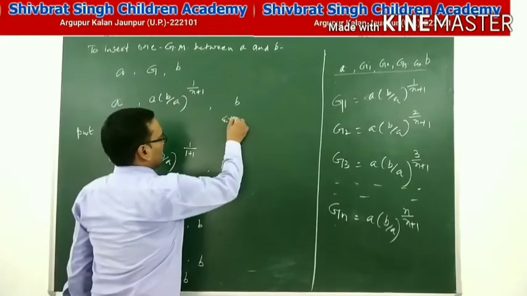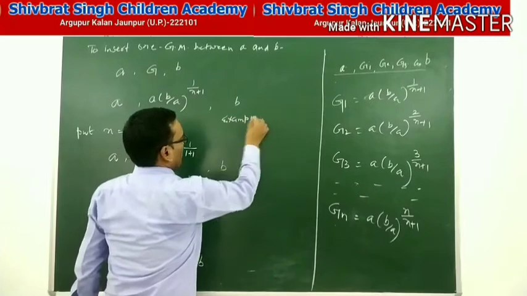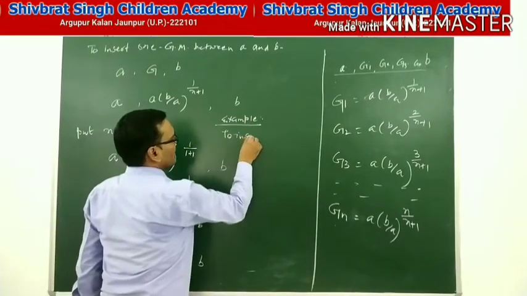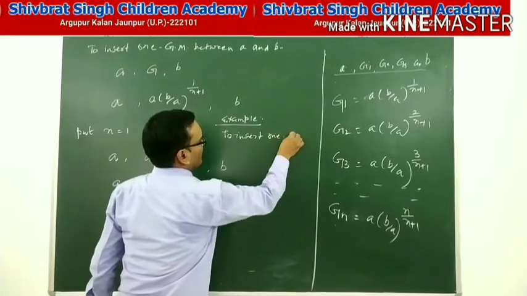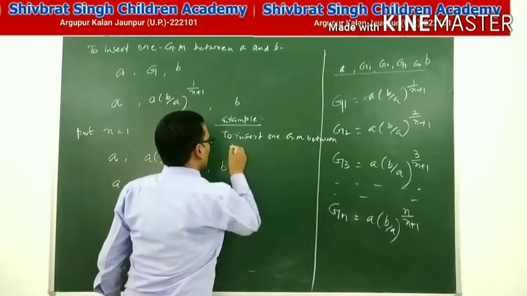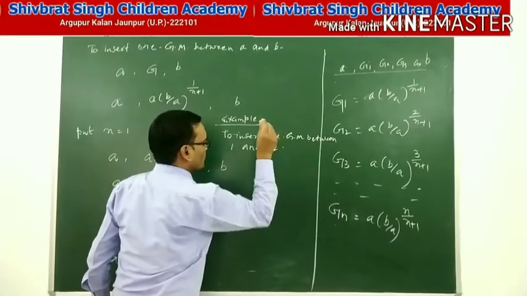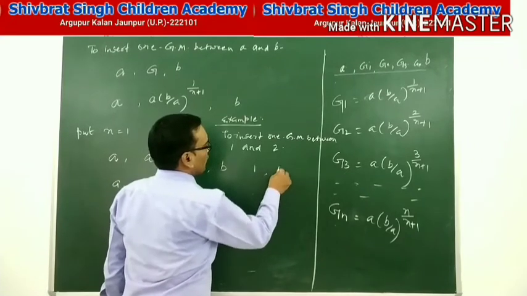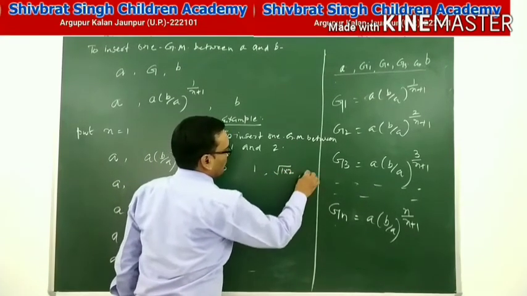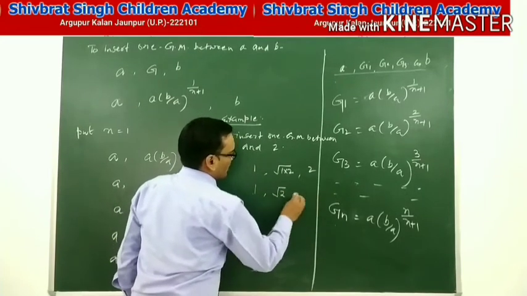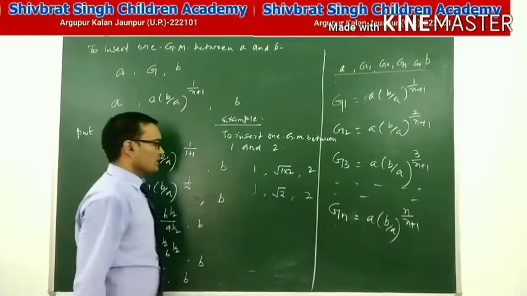Example: to insert one geometric mean between 1 and 2. Here 1, comma, 1 multiplied by 2, comma 2: 1, comma, square root 2, comma, 2.